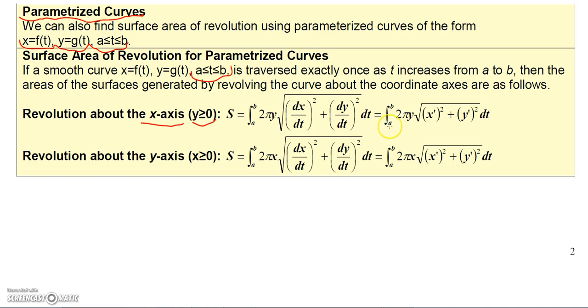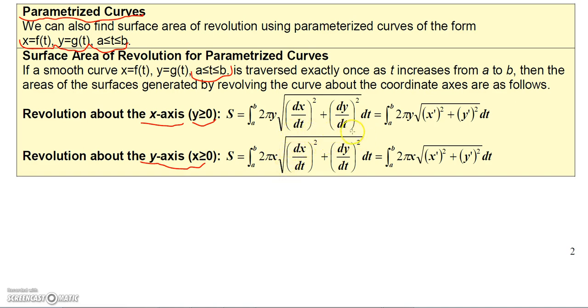Another way to say that would be 2 pi times y times the square root of x prime quantity squared plus y prime quantity squared dt. You just have to know when we say x prime and y prime here, we're differentiating these with respect to t. Now, to revolve about the y-axis, the surface area, integrating as t goes from A to B, is 2 pi x, but then you still use the same square root expression.